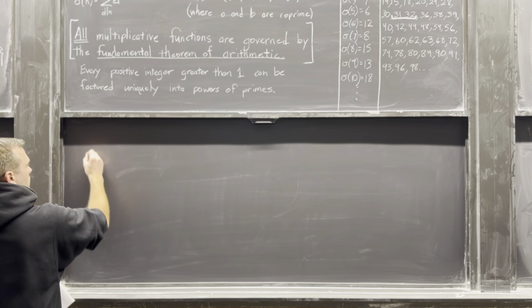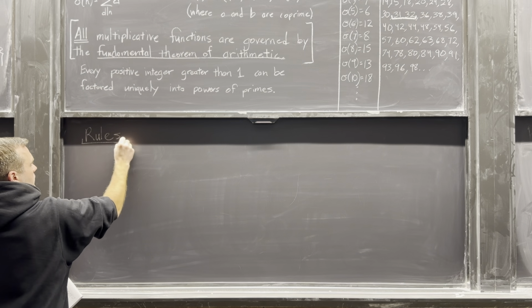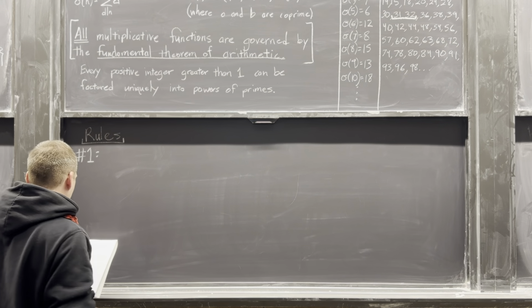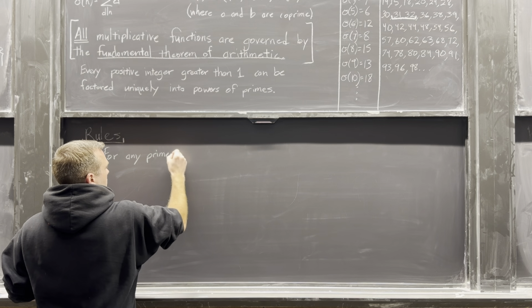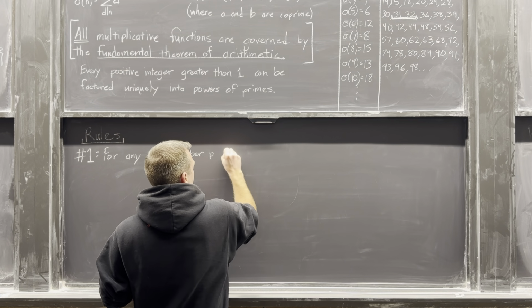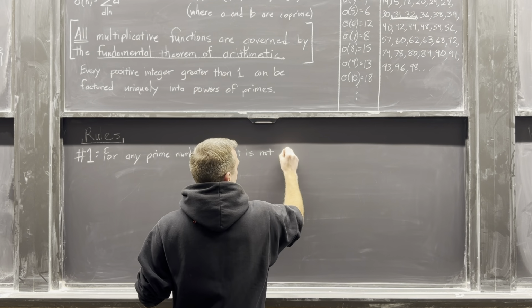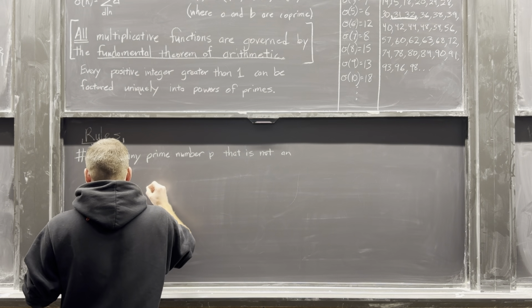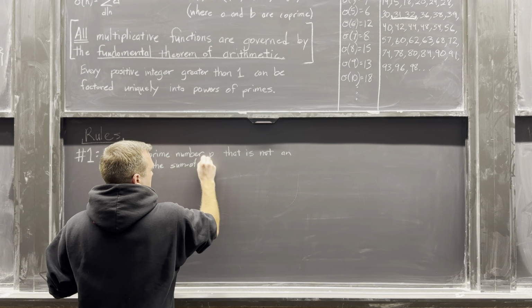So rule number 1. For any prime number P that is not an output of the Sum-of-Divisors function, powers of P, the prime number, will not exist.